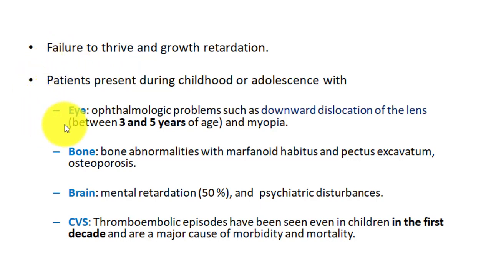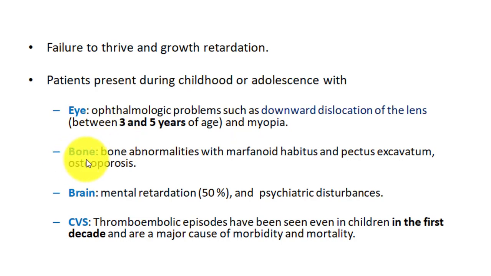The eye, bone, brain, and cardiovascular system are involved. In the eye, there is generally downward displacement of the lens between 3 to 5 years of age, and there will be myopia, so short-sightedness will be there.